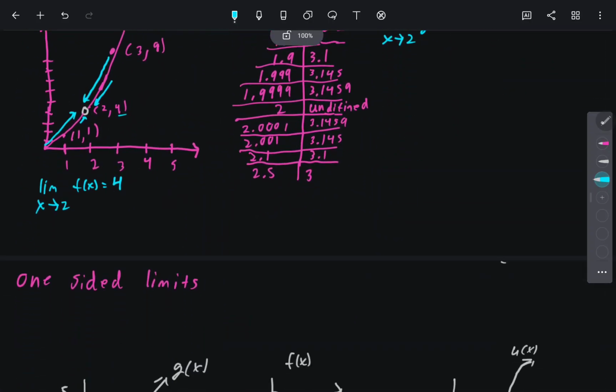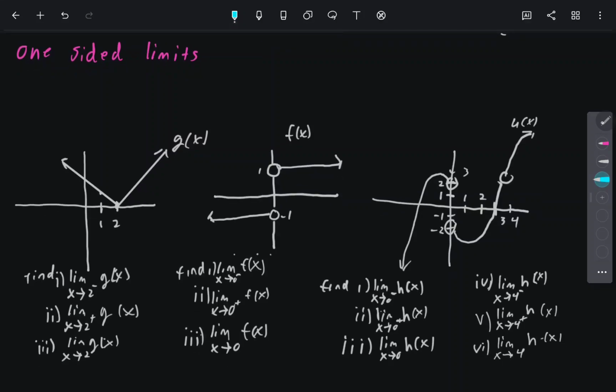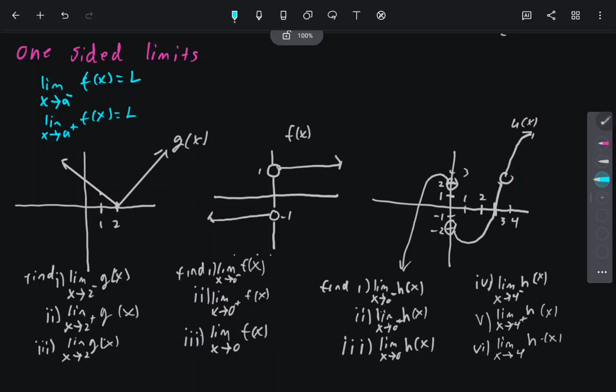Alright. Let's now talk about one-sided limits. A one-sided limit is denoted as the limit as x approaches a from the left of f of x is equal to L, or the limit as x approaches a from the right of f of x is equal to L. This positive or this negative really does not mean plus or minus or negative or positive.